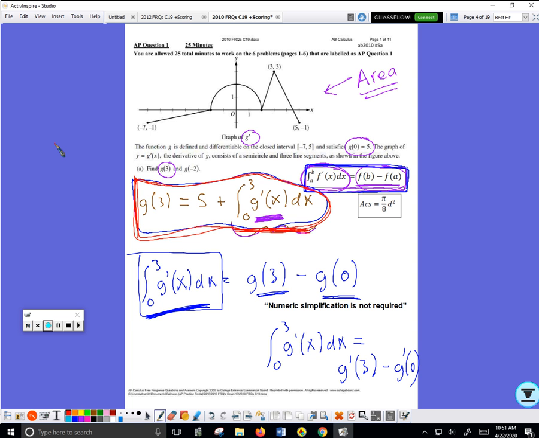So here's the box I wanted to show you. It goes back to that idea of learning to think of each step independently of another step. Don't try to think of the steps together. So I used the fundamental theorem, but then I got to here where I had to figure out, okay, how do I find the value of any integral? Well, my first option is I'm going to use a calculator.